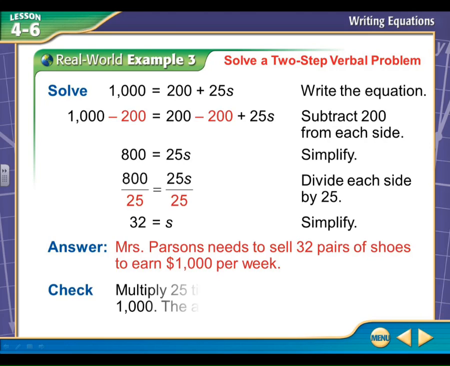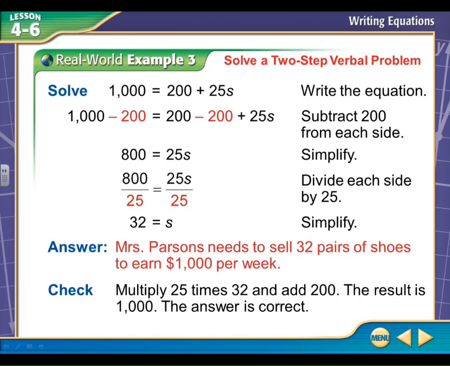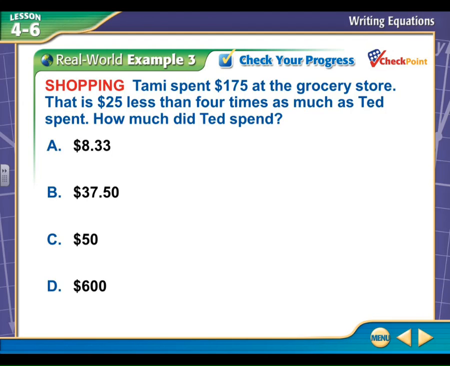All right, one more. Shopping. All right, Tammy spends $175 at the grocery store, and that is $25 less than 4 times as much as Ted spent. How much did Ted spend?